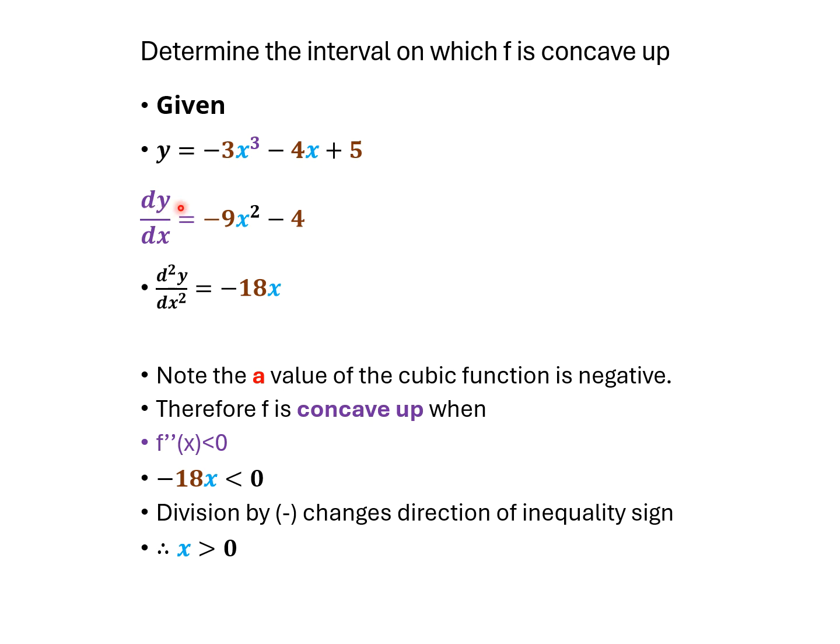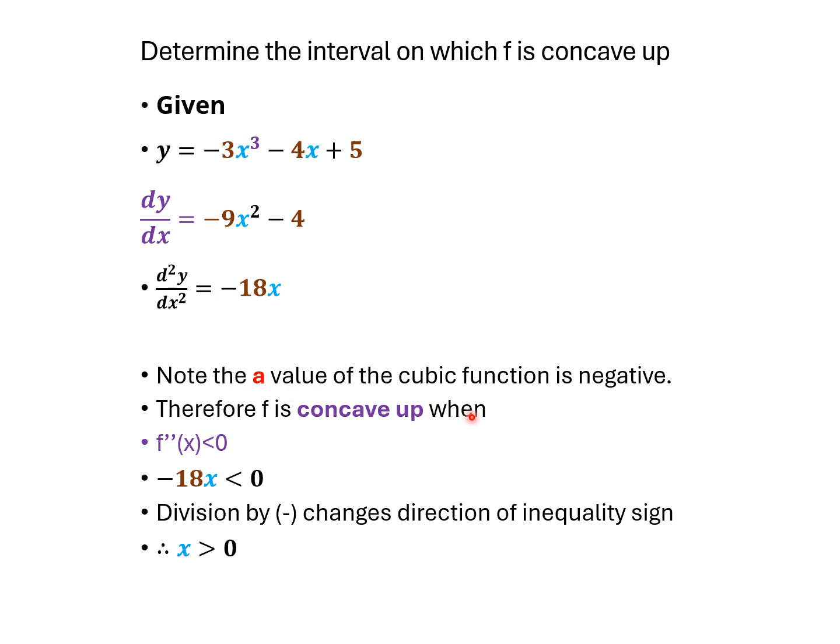So I differentiated y with respect to x. Now I'm differentiating for the second time. So 2 times negative 9 gives me negative 18. 2 minus 1 gives me 1. If we use this notation, that is how I would write the second derivative.